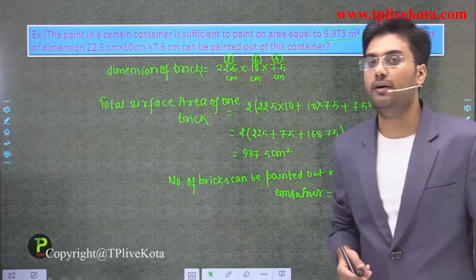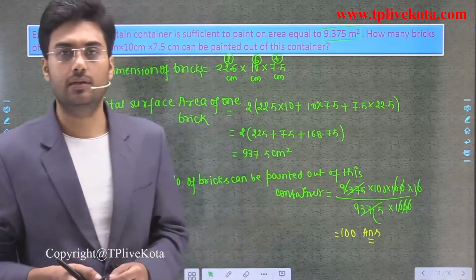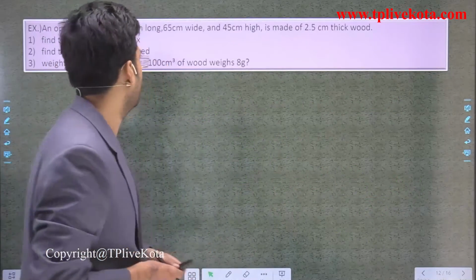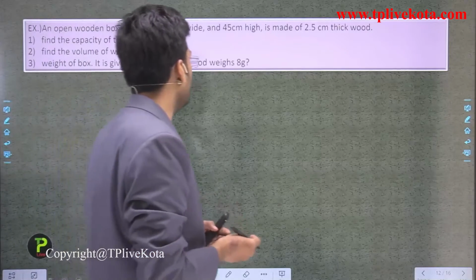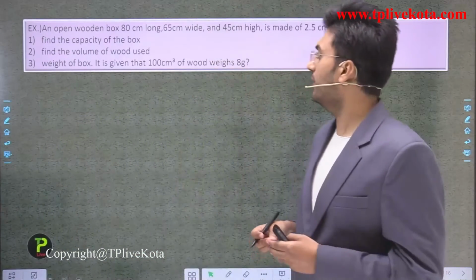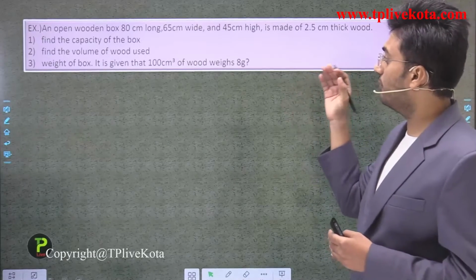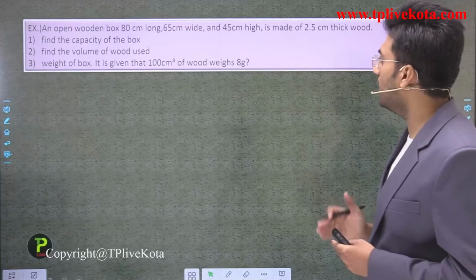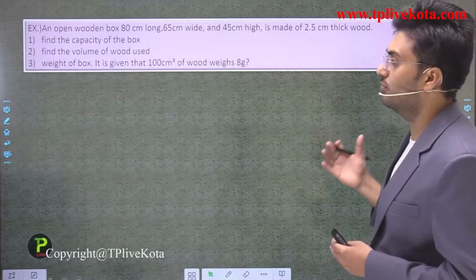So now after this question, let's move to the next question, and the next question is: an open wooden box 80 centimeter long, 65 centimeter wide, 45 centimeter high, is made of 2.5 centimeter thick wood.